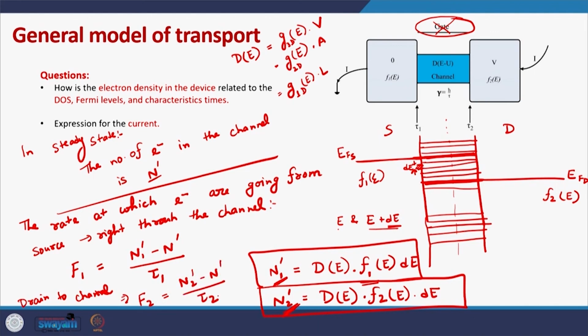And as we intuitively know that this N2 prime is less than N prime, so this rate will be negative, and what it means is that electrons are going from the channel to the drain and not from the drain to the channel. So, these are the rate equations in this model.